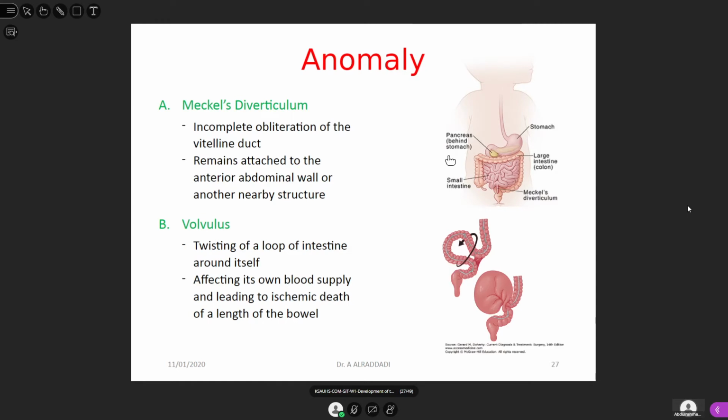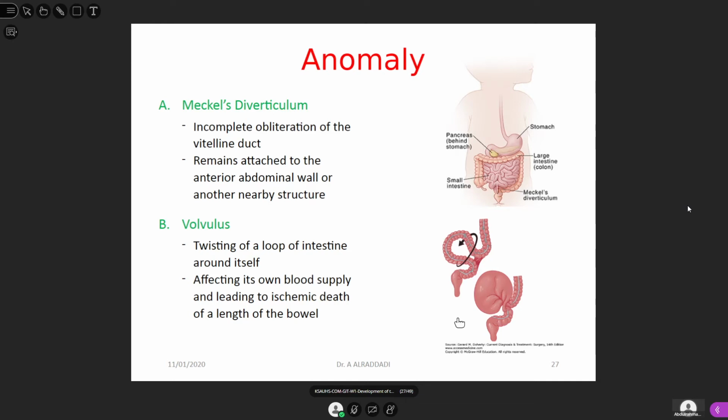Anomalies associated with the development of the midgut: we have Meckel's diverticulum. This is incomplete obliteration of the vitelline duct, which remains attached to the anterior abdominal wall or other structures, and can usually be found in the distal part of the ileum.